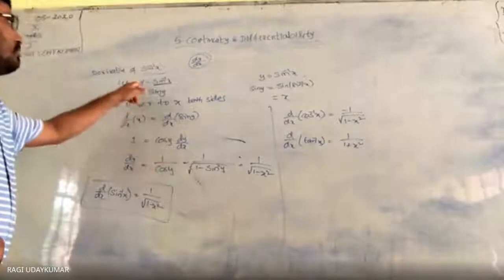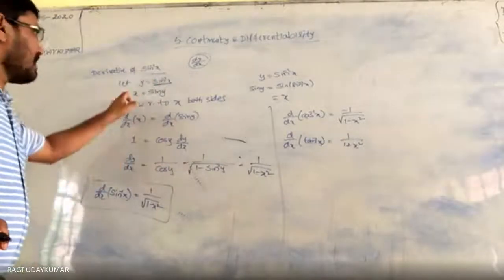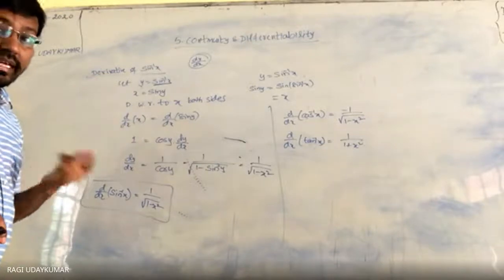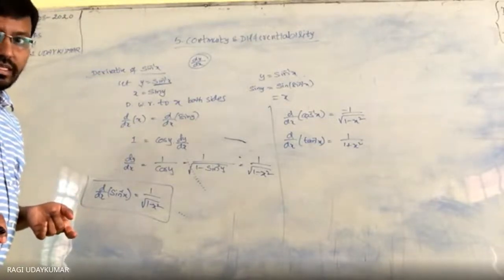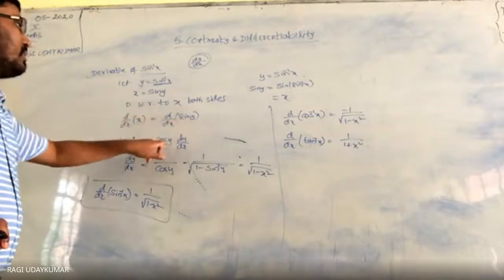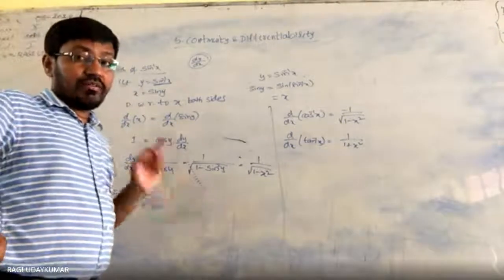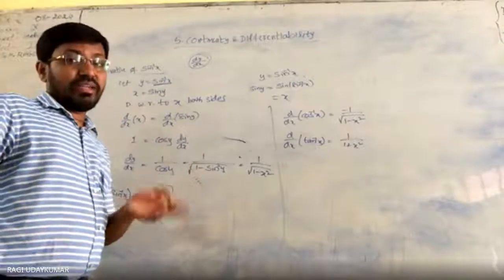In the same way, y equal to tan inverse x, so x equal to tan y. Tan y differentiation is secant square y, isn't it? So you get 1 by secant square y. That secant square y is to be written as 1 plus tan square y.